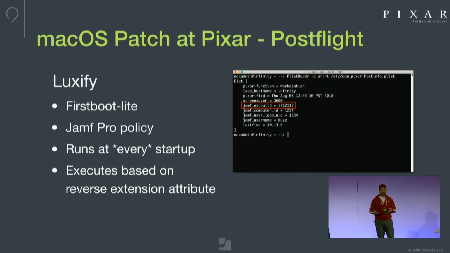The Jamf OS build that was cached is the same as what the OS is running, and so there's nothing to do, and Luxify just exits, and so it's very harmless to any user activity. But there are those times it has updated, does the check. If it doesn't match, well, then Luxify gets to run. And run it does, and our post-flight happens at startup.